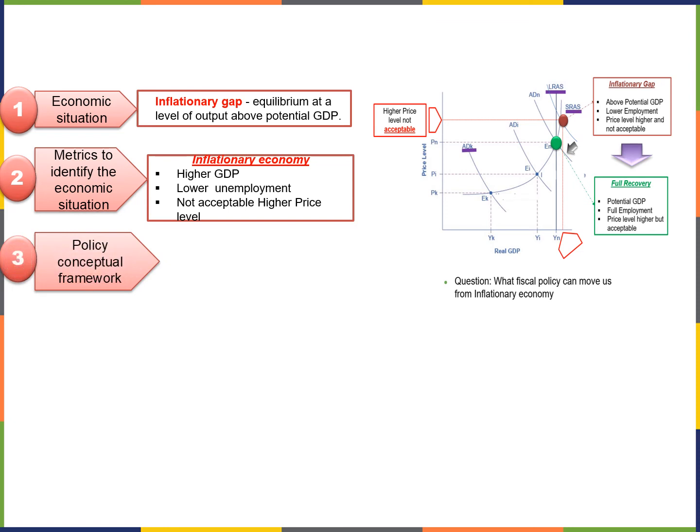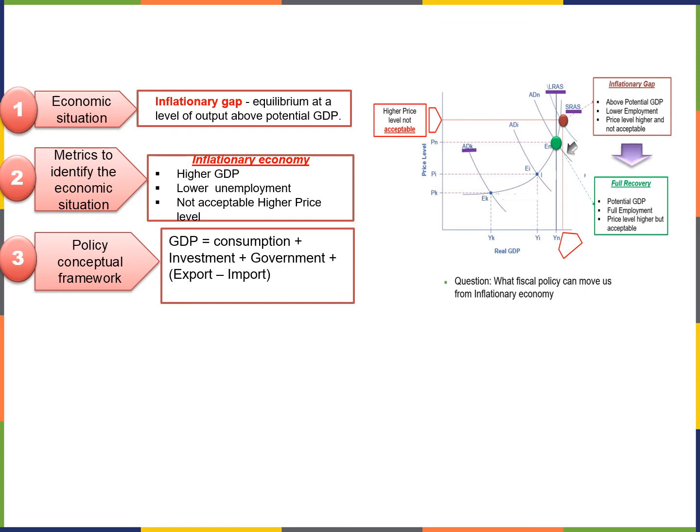The policy conceptual framework will be the same, which is GDP equals consumption plus investment plus government expenditure plus net export. With that policy conceptual framework, how do we craft a policy prescription?